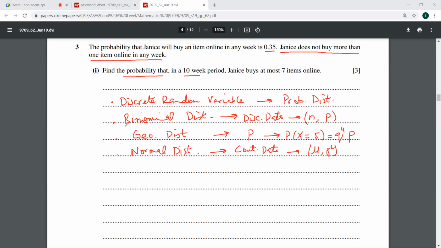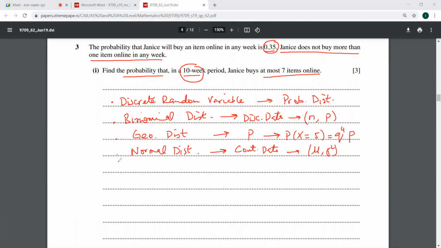So if you look at all these four carefully, you must be able to determine that this question is from a binomial distribution, because she is going to buy one item per week, and this is the probability that she buys anything online. Out of this 10-week period, you find the probability for this happening at most seven times.